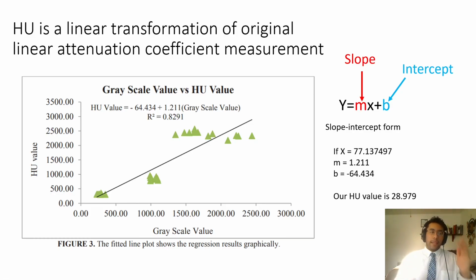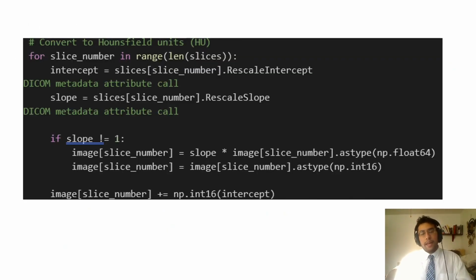So what's happening in the code as I show you here is that out of each slice, out of each image, we are taking the rescale intercept and the rescale slope out of the data and using that to calculate HU values, because we're converting pixel values to HU values. HU values help normalize the data and can tell us which pixels are going to be part of lung tissue or going to be bone in general.